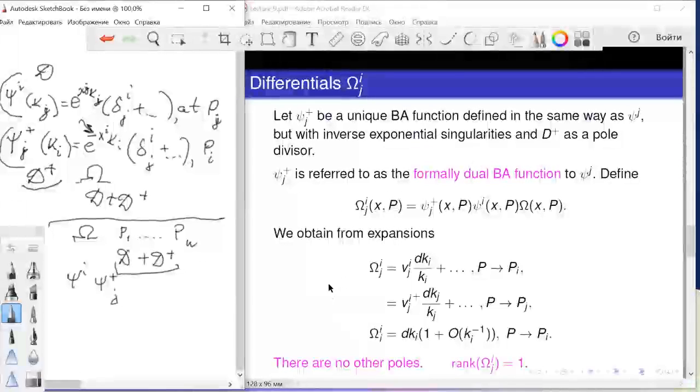Hence, zeros and poles in this product contract, and this differential is just holomorphic at the poles of psi_i and psi_j cross. It's holomorphic on the support of this divisor.